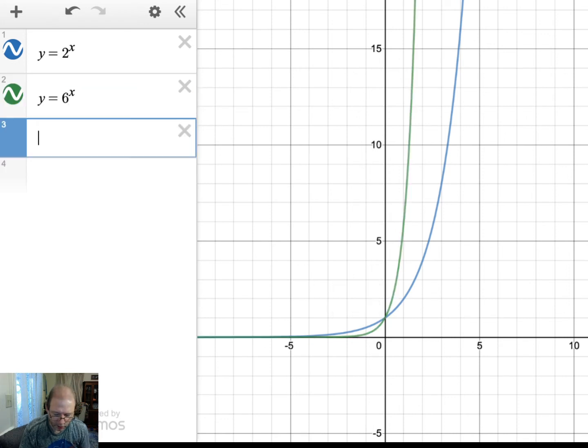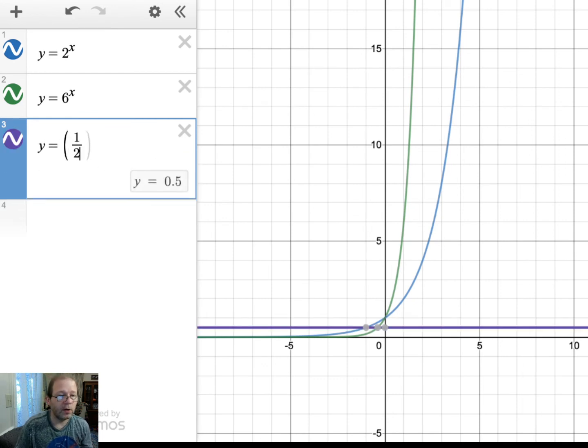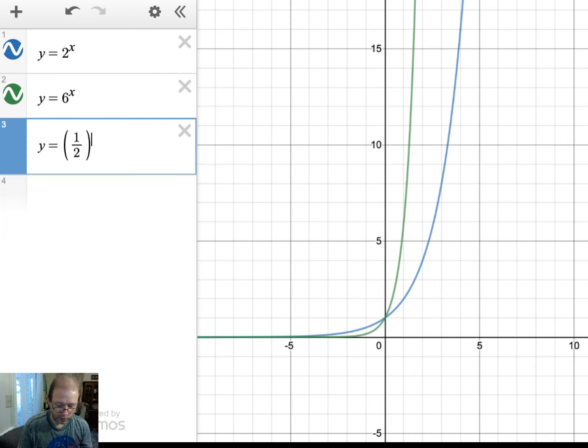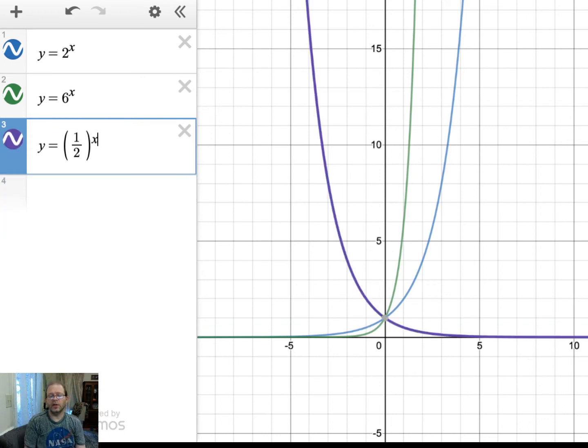Now, earlier I said that the base had to be a positive number other than 1. If we put something in that's less than 1, what's going to happen is it's going to reverse it. If I put y equals 1/2 to the x, we get an exponential decay curve like this.